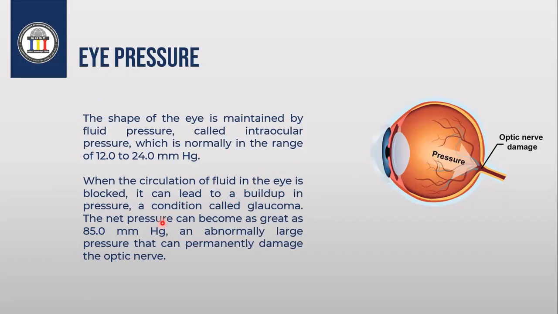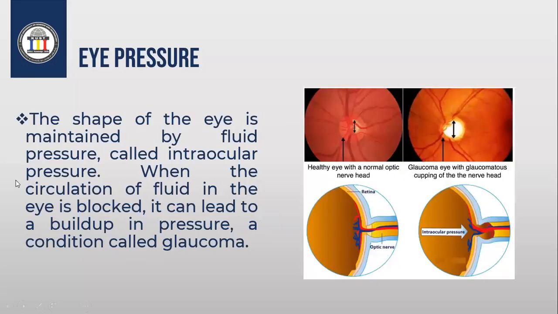The pressure can become as great as 85 millimeters of mercury, and an abnormally large pressure can permanently damage the optic nerve. This pressure pushes on the optic nerve and damages it, causing blindness or what we call tunnel vision.